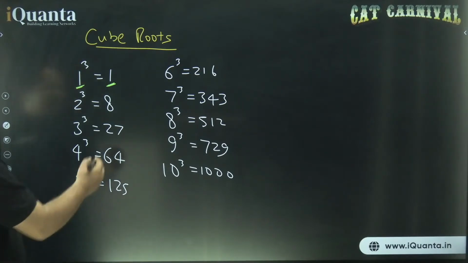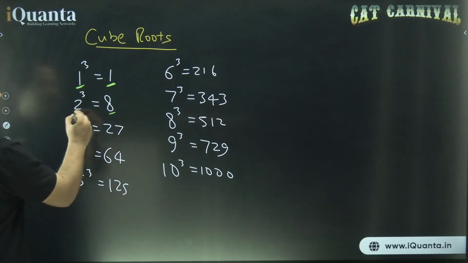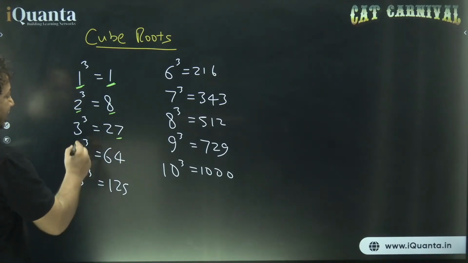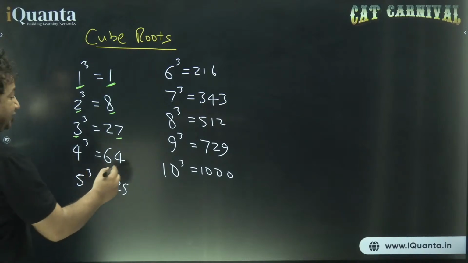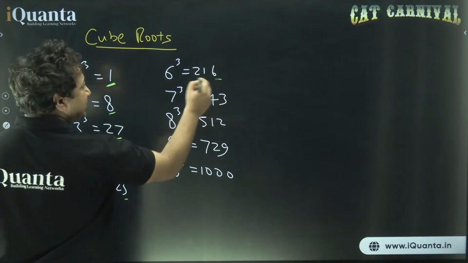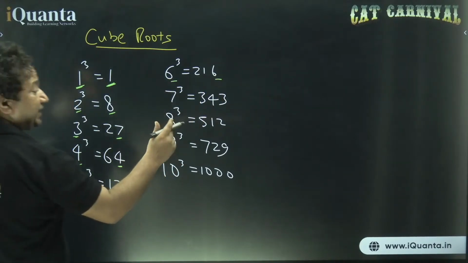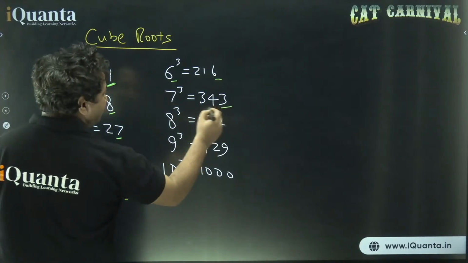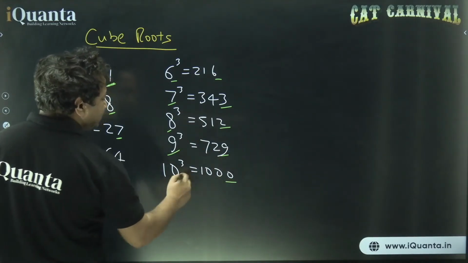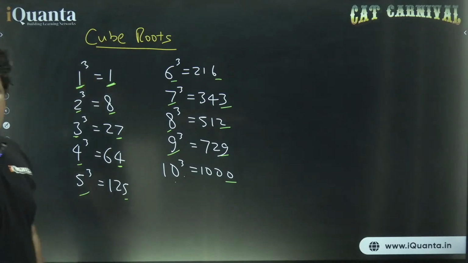If a number ends at 8, its cube root will end at 2. If a number ends at 7, its cube root ends at 3. If a number ends at 4, its cube root also ends at 4. Same with 5, same with 6. If a number ends at 3 and it is a perfect cube, its cube root will end at 7, 8 to 2, 9 to 9, 0 to 0. Okay, so this is what we know.